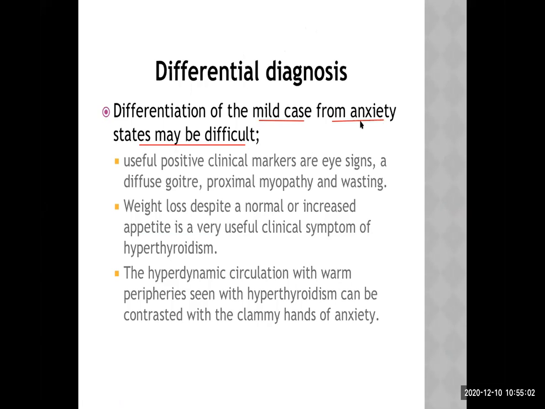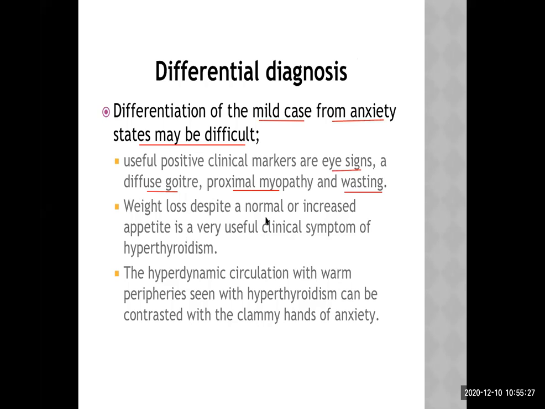So anxiety neurosis is one of the important differential diagnoses of hyperthyroidism. The useful positive clinical markers are eye signs, diffuse goiter, proximal myopathy, and wasting of the body, which are not present in anxiety neurosis. So the different signs of hyperthyroidism will help us.